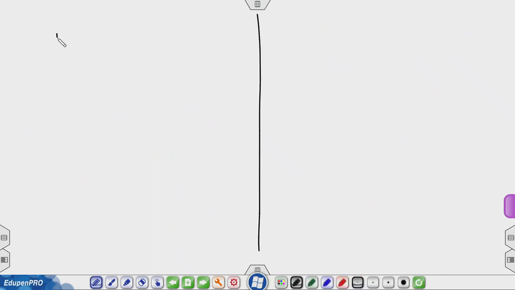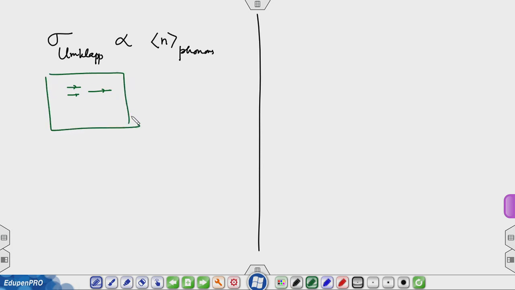The scattering cross section for Umklapp is going to be proportional to the number of phonons, and this will come into play as temperature goes up, because then only high k phonons get excited. If only low k phonons are there and you get a phonon which is within the Brillouin zone, this, as opposed to Umklapp process, is known as normal or N process.